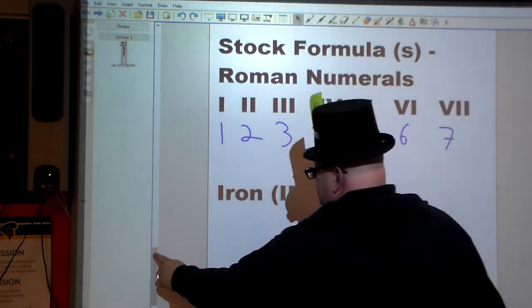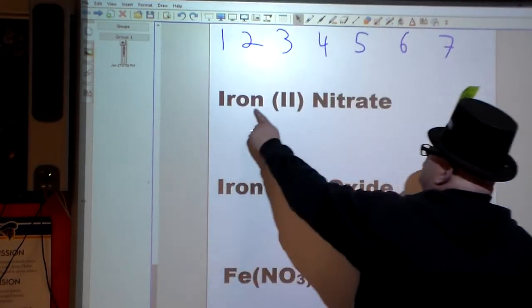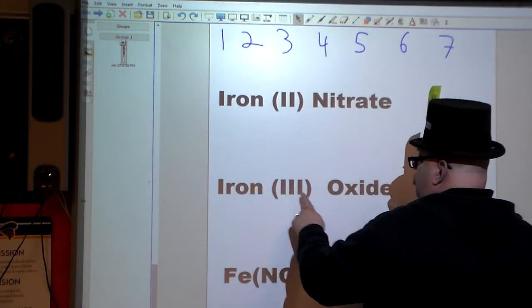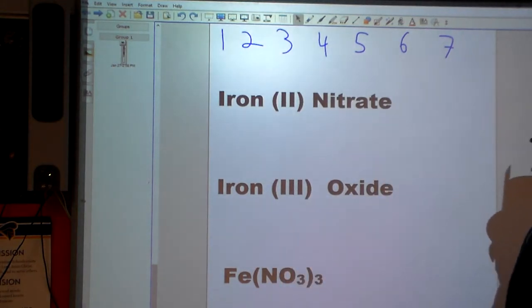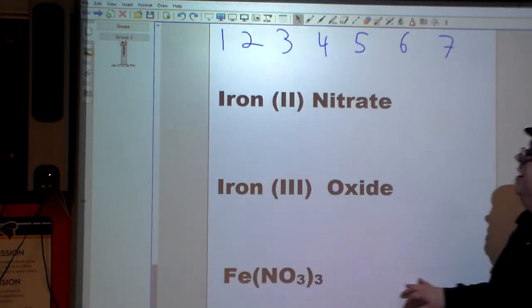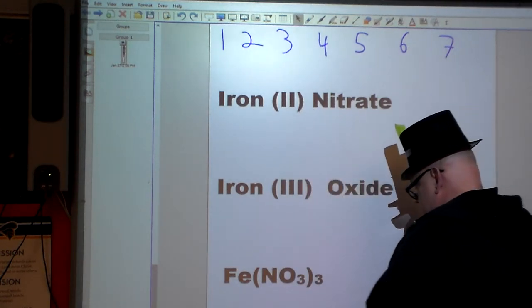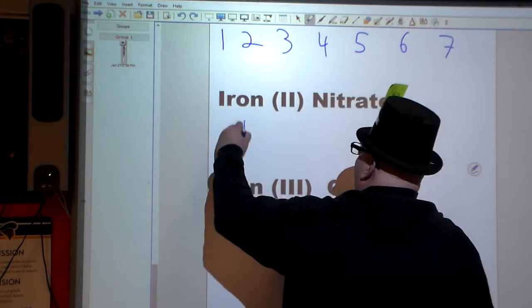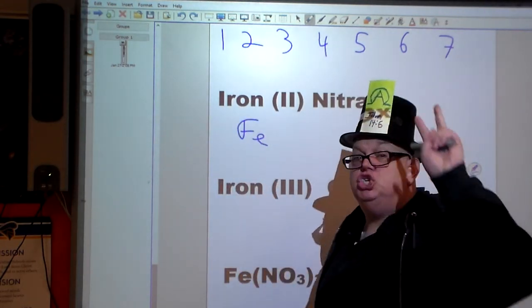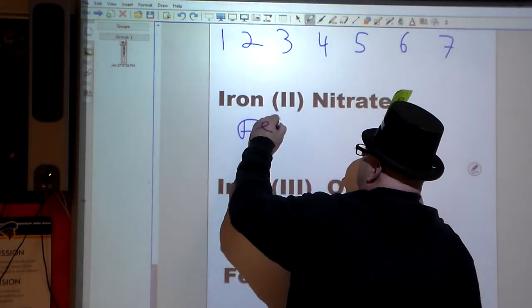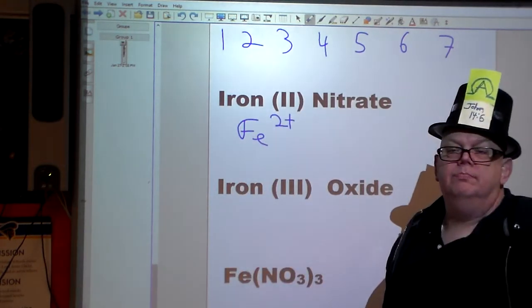Well, the reason that we have that is because we have iron 2 and iron 3. That would be an example. And I'm going to do another thing here with you guys. So let's look at this. Iron 2 nitrate. Okay, so I know I have an Fe, but it's a 2. So that tells me automatically this is a +2.